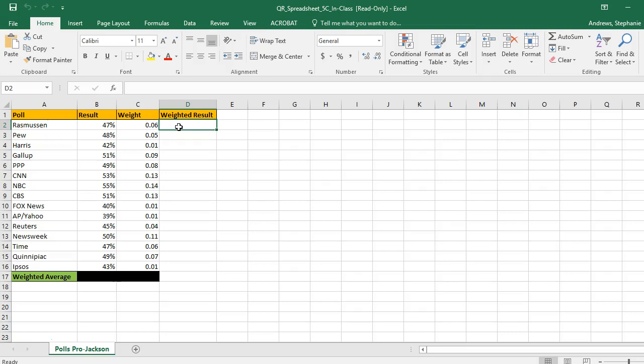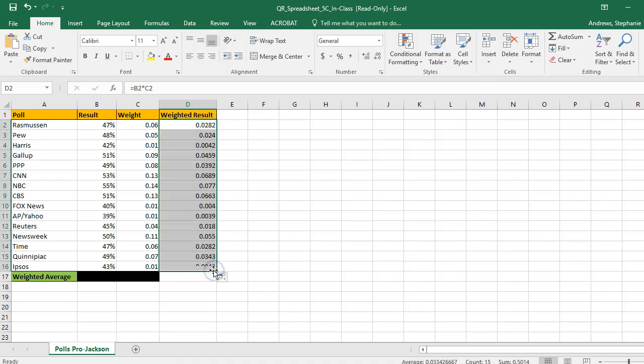So for a weighted result, I'm going to say equals. I want the information in B2 multiplied times the information in C2. I'm going to hit return and I get a number. Remember, our little cheater here is to drag it down to the end of the polls, and we get all of these numbers. Now, the only thing is, it doesn't know that we really want this in percentages, and it's giving it to us in decimals.